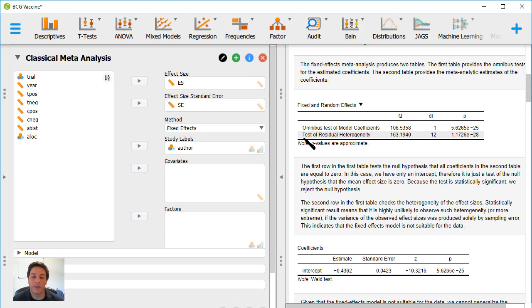And then the other is the test of heterogeneity. Basically, if we have a low p-value, that means that the effect sizes that we obtain come from a population in which there is some effect size.